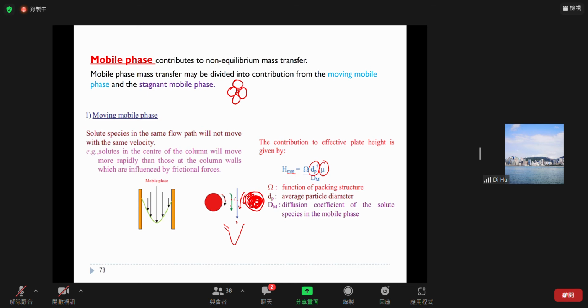Because here it's faster and here slower, but they can diffuse happening at the same time. That kind of offsets this hydrodynamic fluid influence. So if there's longer time, more diffusion can happen and offset this effect, and that will be better, less contribution of the moving mobile phase, right?